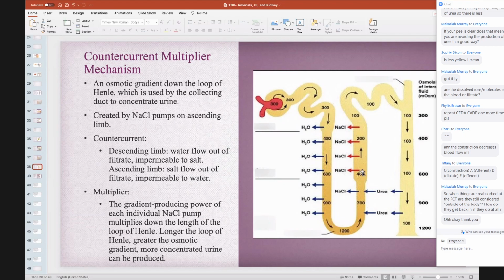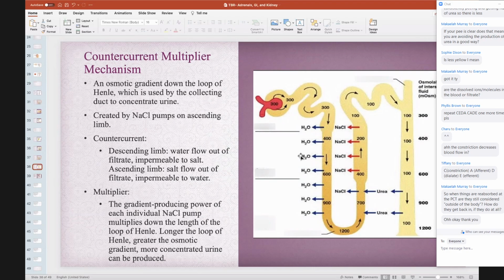As we get up to the ascending limb of the loop of Henle, we're going to start absorbing, by active transport, more sodium chloride. By absorbing, we're taking it from the nephron and shuttling it into the interstitial space. As we shuttle it into the interstitial space, the aquaporins on the descending limb will try to balance that out.